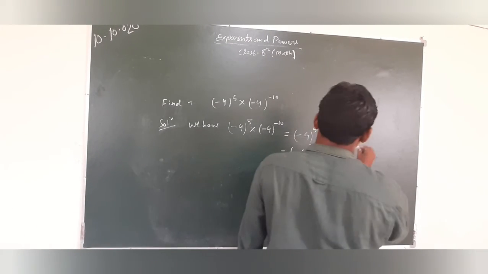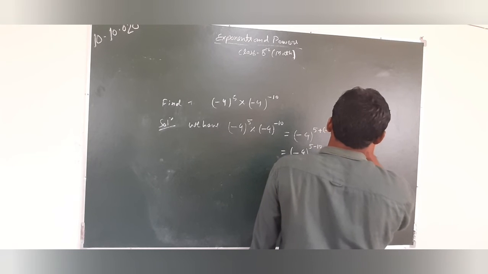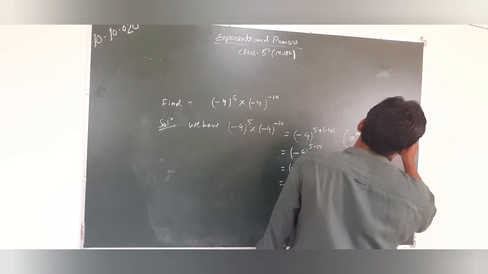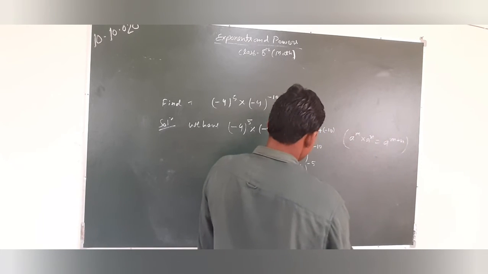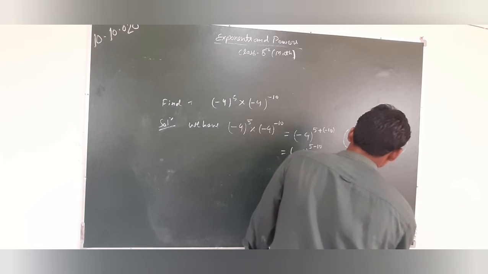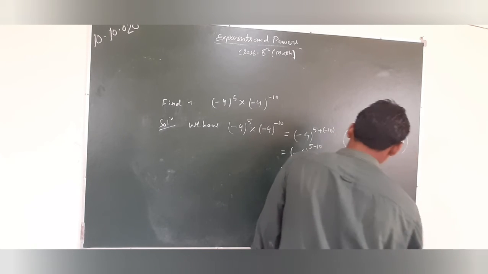Here we apply a to the power m into a to the power n equal to a to the power m plus n, and here we apply a to the power minus m equal to 1 upon a to the power m.